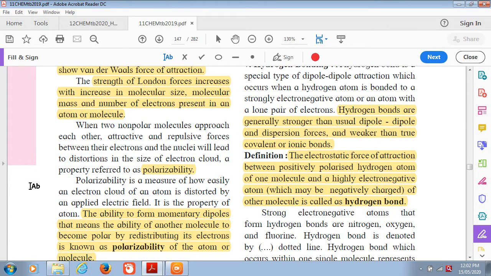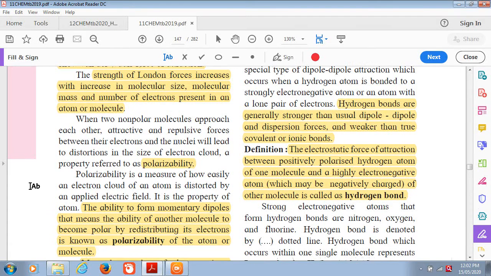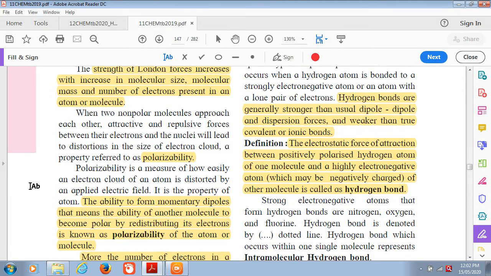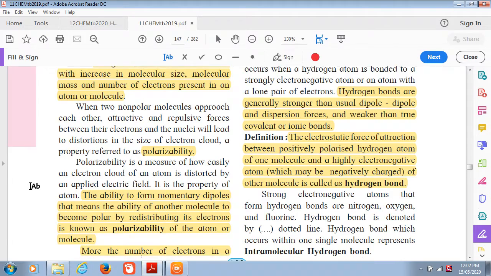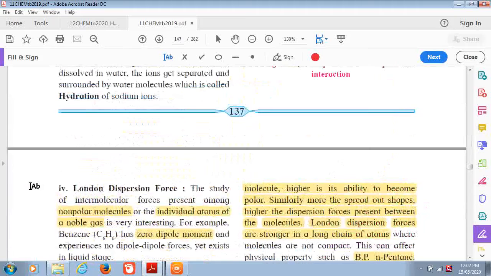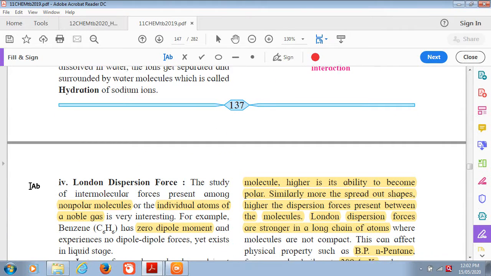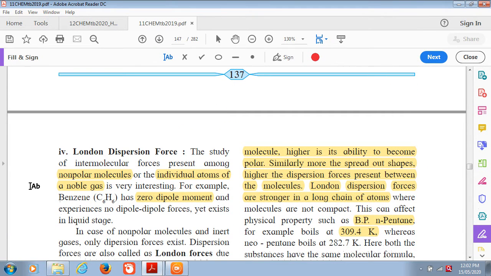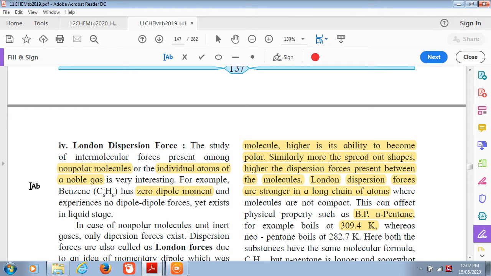That means the ability of a molecule to become polar by redistribution of its electrons is known as polarizability of that atom or molecule. The more the number of electrons in the molecule, the higher is the ability to become polar. Similarly, the more the spreading of that shape, the higher is the dispersion force present between the molecules.